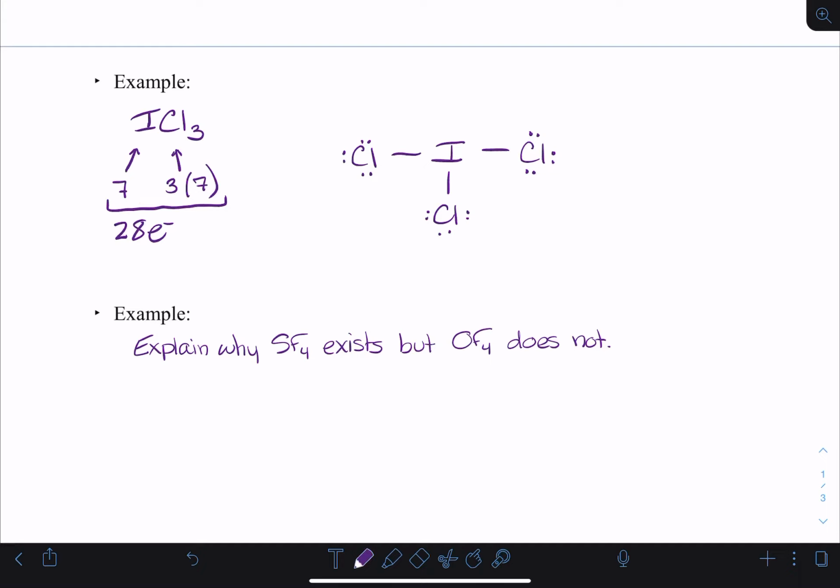At this point is where we go to our central atom to place any electrons that we have left. So we put one lone pair, which brings us to 26 electrons total, and at this point, all of our atoms have filled octets, but we still have 2 electrons left to place.